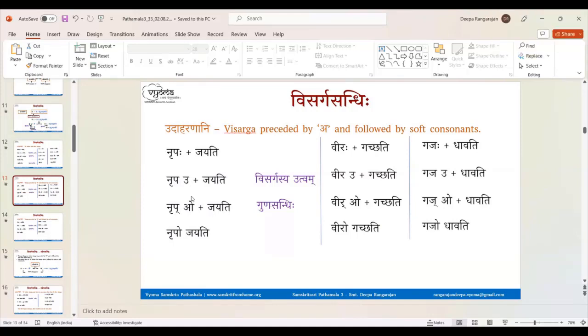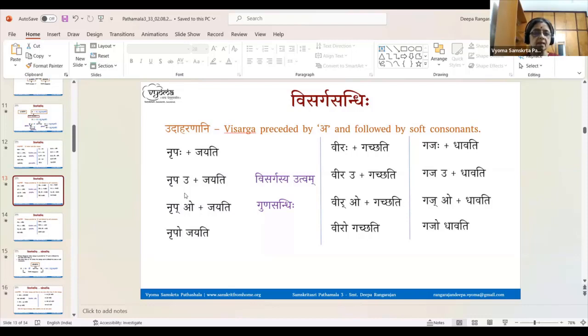So when Gunasandhi happens, it is only the a in the Pakara. One of the conditions for Guna is that the Visarga is preceded by a Hrasva Akara. That Hrasva Akara, which precedes the Visarga, together with the Visarga, which has now become Ukara, will give you Guna. It is always Okara because it always becomes only Ukara.